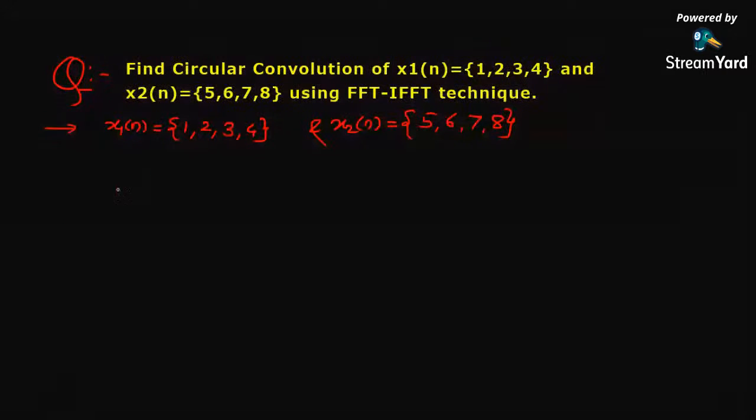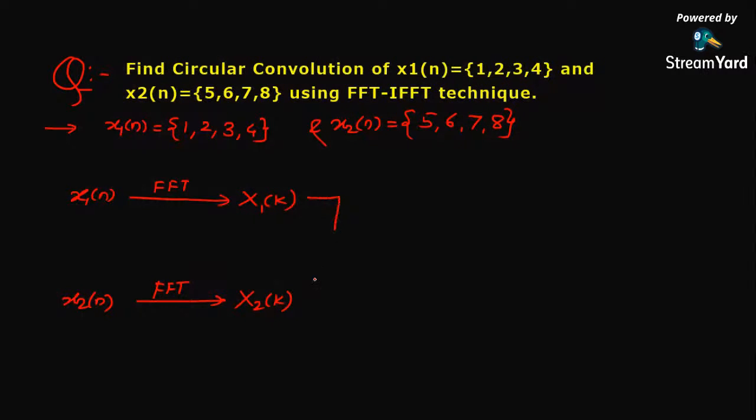Now how to find the circular convolution? You take x1 of n and find its FFT, so that it becomes X1 of k. Then take x2 of n, find its FFT, and that becomes X2 of k.